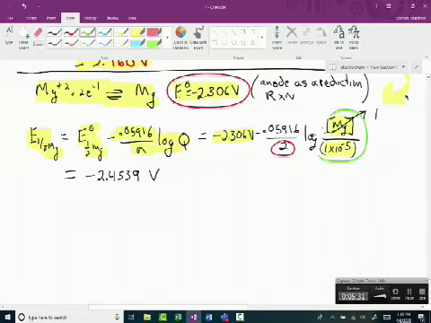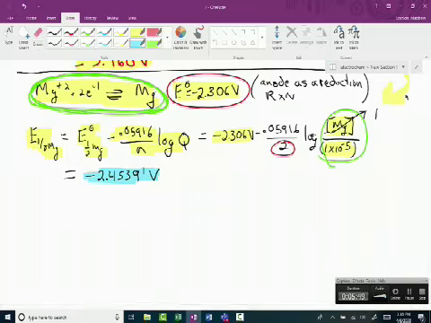This is upside down from before, but that's because we've written our reaction over on the left here, where I'm circling, as a reduction. This gives us a final answer of negative 2.4539 volts. Now, what I'd like you to do is try to do the E of the chloride.